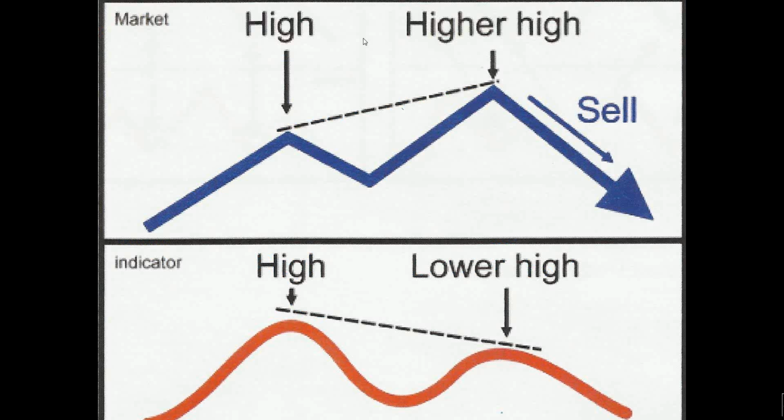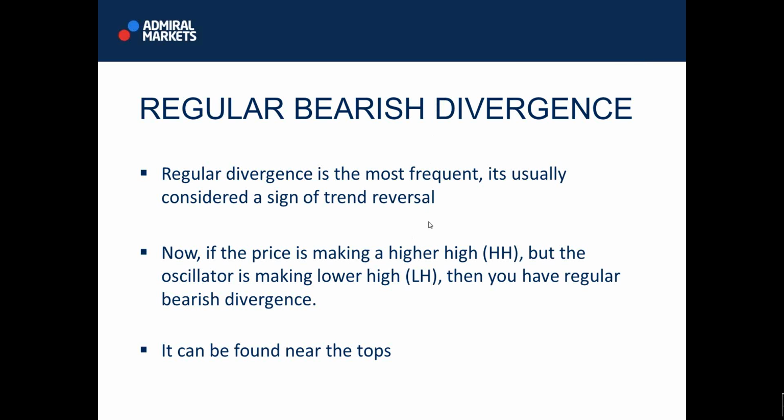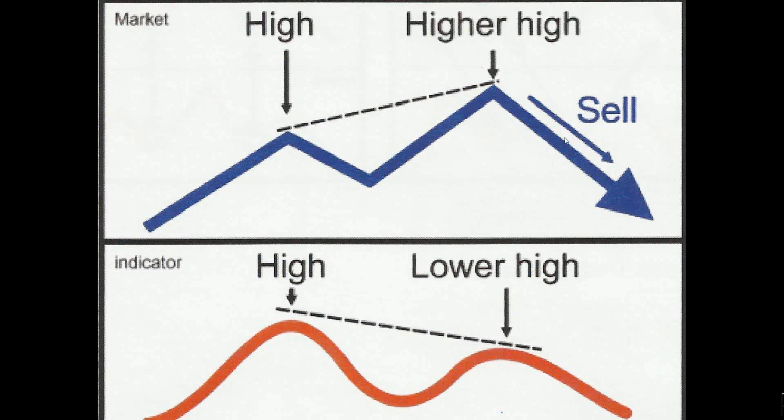So the price has made a higher high. Look at this. But the oscillator at the same time has made a lower high. That is regular bearish divergence, and the chart is going to be sold. Hidden bearish divergence is usually a trend following type of divergence.